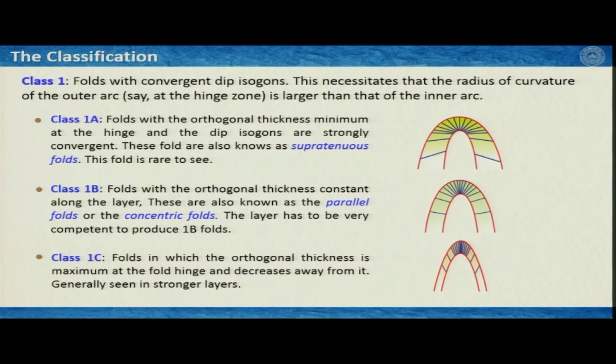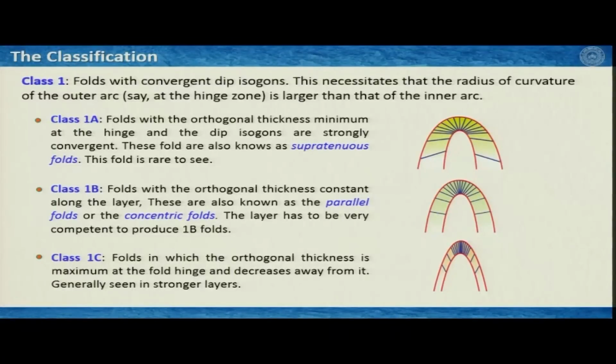So, if that happens, then all the dip isogons along the hinge zone and the limbs would converge towards the fold core. And here we can have 3 possibilities.